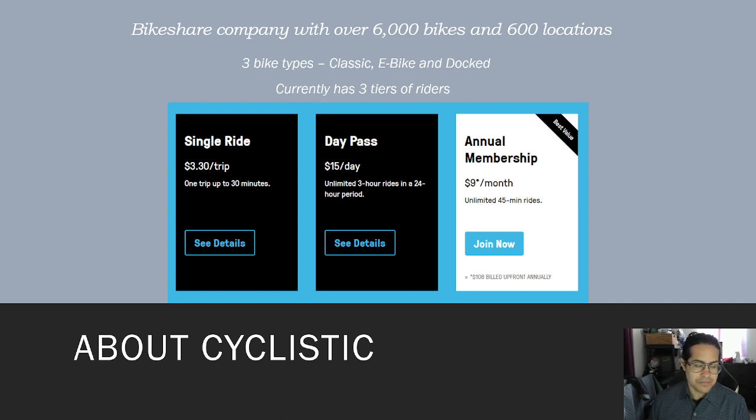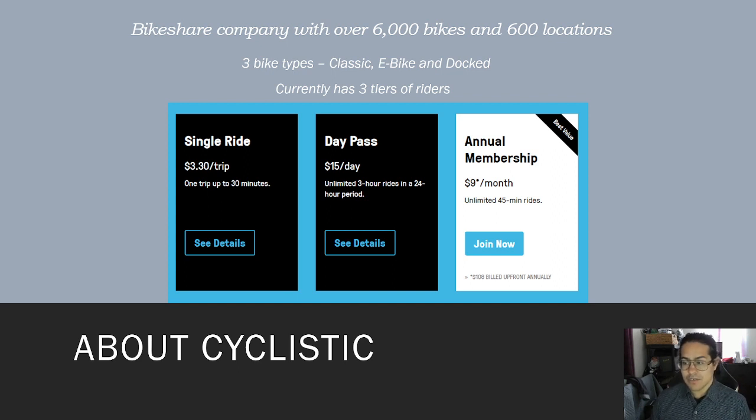If you want to use it for longer than 30 minutes, however, you could do the day pass, which is $15 a day, which is essentially just unlimited 3 hour ride times in that 24-hour period. So theoretically, you could do 8 3 hour rides within that 24-hour period.